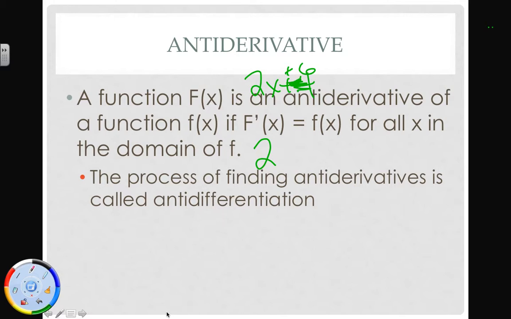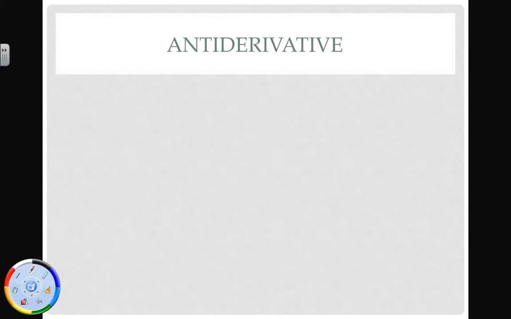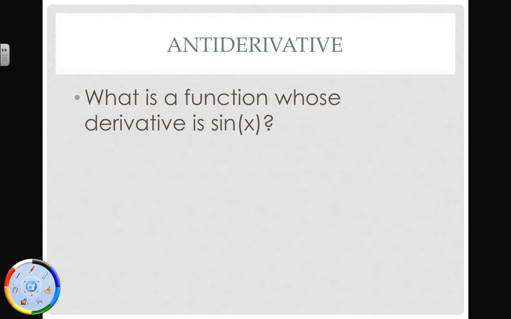The process that we're going to be doing, just like we had the word differentiation when we found derivatives, now we have antidifferentiation. Okay, so that's the word we're going to be using. It's a really long word, but that's how we're going to be referring to this process. So one of the things that we could ask is, what would be a function whose derivative is sine of x?